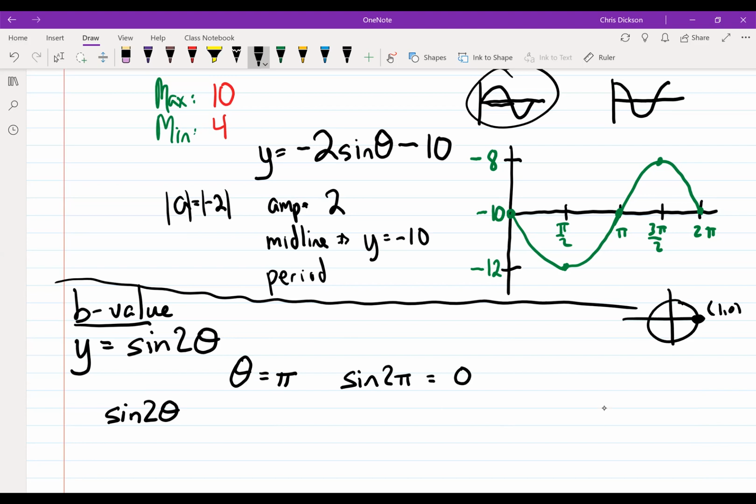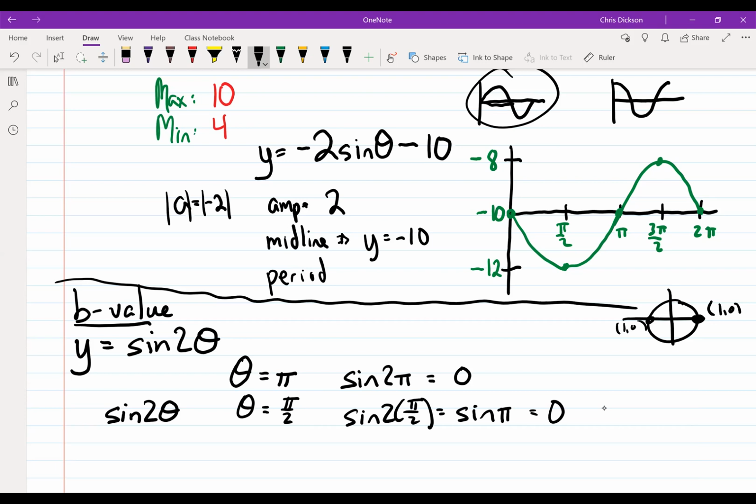And what if you made theta equal to pi over 2? Well, you plug that in, you're going to get sine of 2 times pi over 2, which is sine of pi. And sine of pi would be over here, and that's also 0, y value over r value.